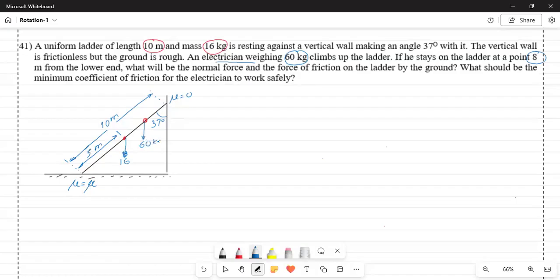This is 16 kg. And the electrician is 8 meter along the ladder.